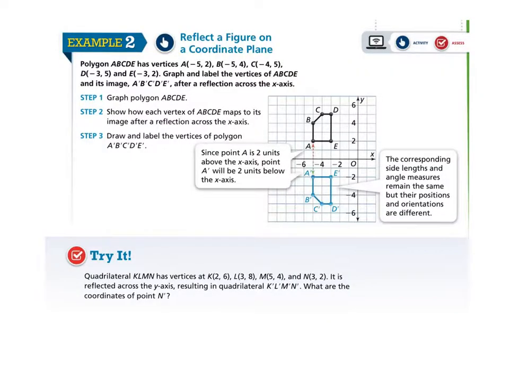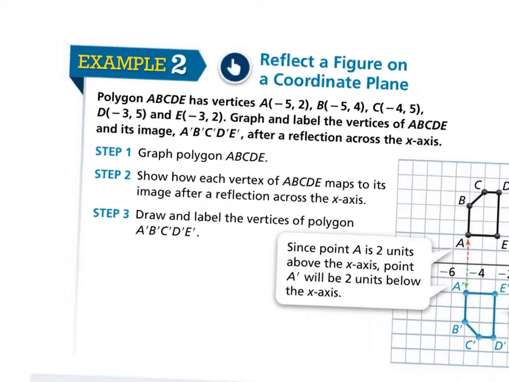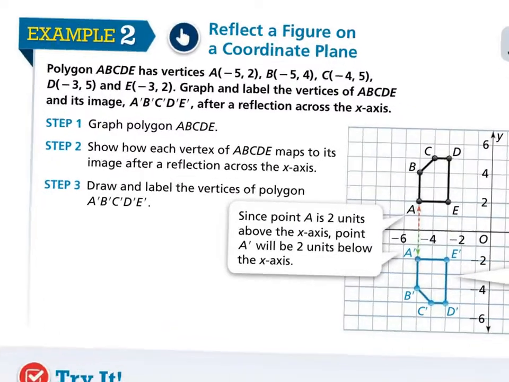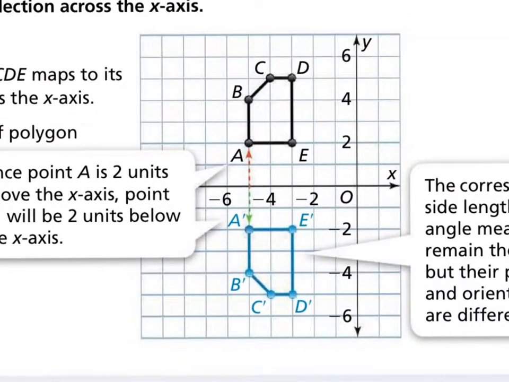Look at example 2. Polygon ABCDE has these vertices. Graph and label the vertices after reflection across the x-axis. The x-axis is our horizontal axis, goes across. What we want to do is think about each of these points.